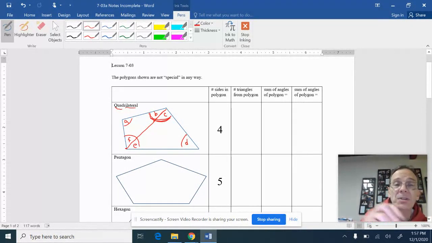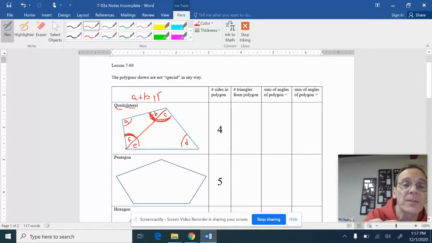But for sure, since the angles of any triangle add up to 180, we know that angle A plus angle B, and then angle F plus that right there, all add up to 180. And we also know that C plus D plus E, those 3 angles, also adds up to 180.